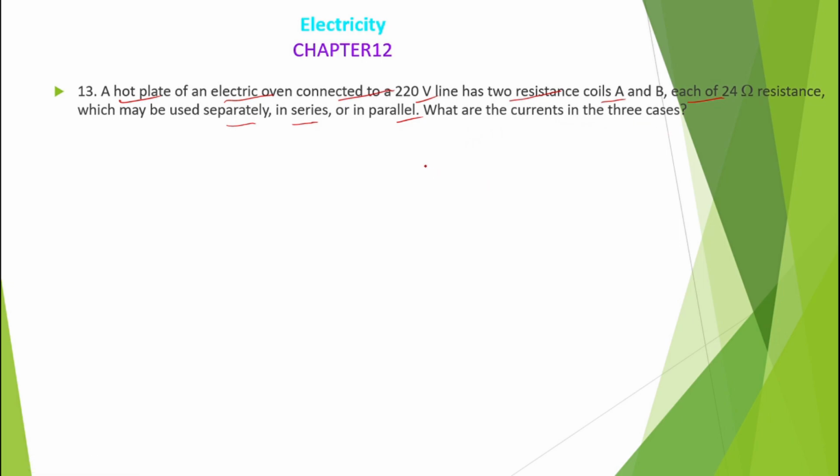He is having two resistances A and B, and each has 24 ohm resistance. Individually you calculate the current, connect in series and calculate the current, connect in parallel and calculate the current, like that he is asking.